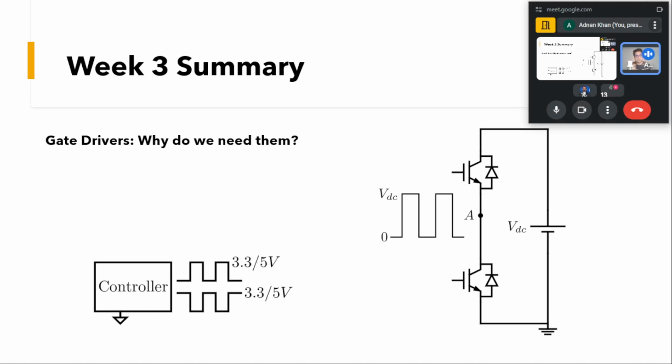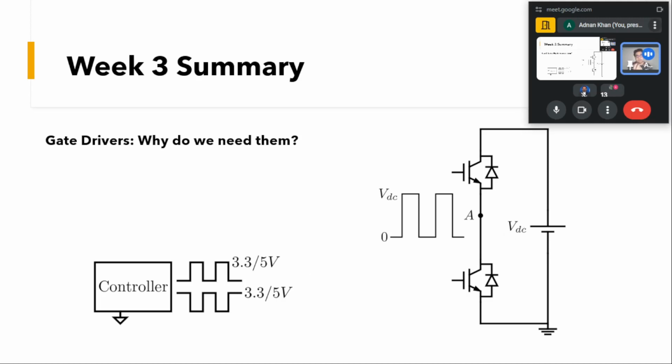Maybe these voltages may be able to push it from the cut-off region into the active region, but we saw in the active region only a constant amount of current can flow through it, and we want our device to operate in the saturation region. So these levels are not suitable for us to turn on these devices. One of the reasons is this.